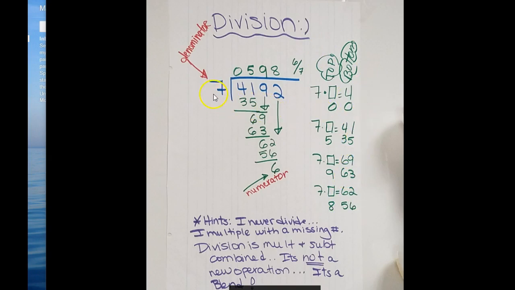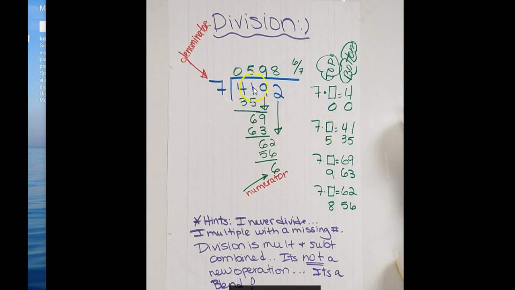So I'm not going to say 7 goes into, there's no goes into, it sounds like you're sneezing. How about 7 times what is 4? Well, 7 times 1 is 7, and that's too much already. The max is 4. So that's going to be a 0, and I'm going to put that 0 there. That's a good placeholder. Next. So 4 didn't work. How about 41? So let's try again. 7 times what's 41?